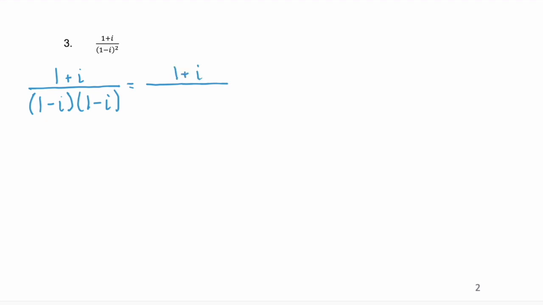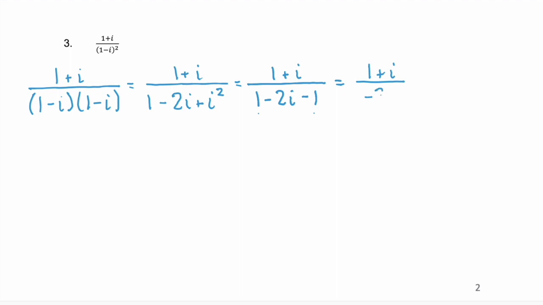Let's FOIL the denominator, and we get 1 minus 2i plus i squared. We can keep simplifying because we have the i squared. So we have 1 minus 2i minus 1. Notice that the 1 and the minus 1 are going to cancel each other out. So we have 1 plus i over negative 2i.